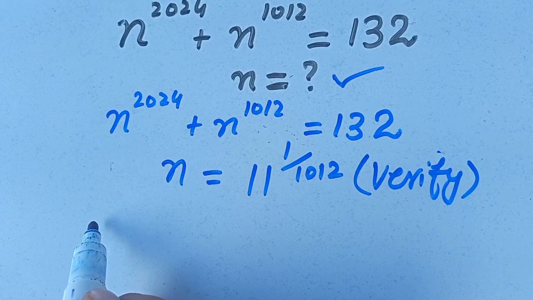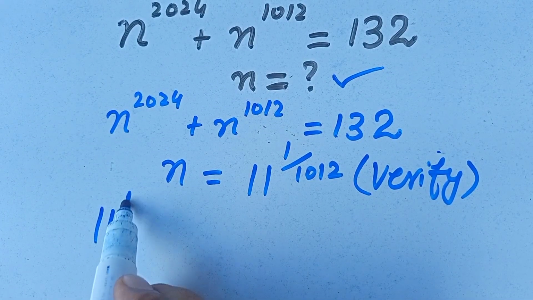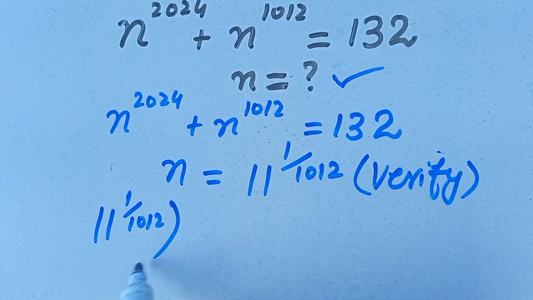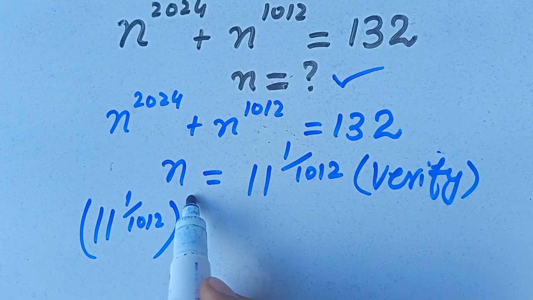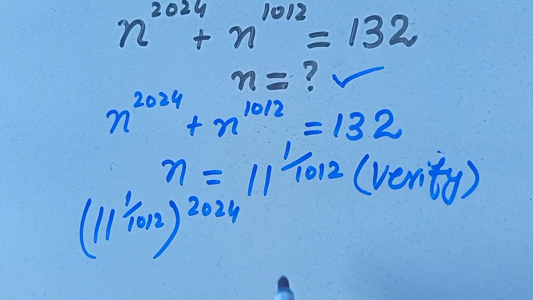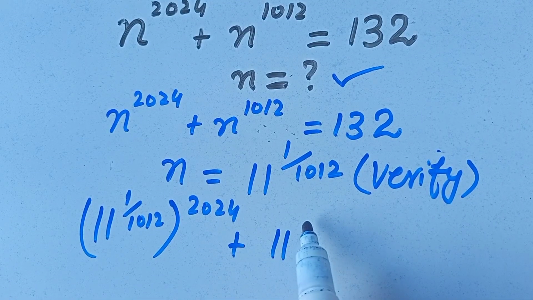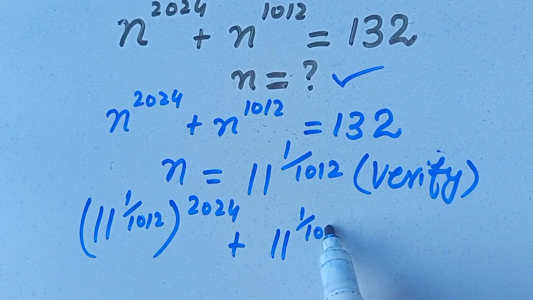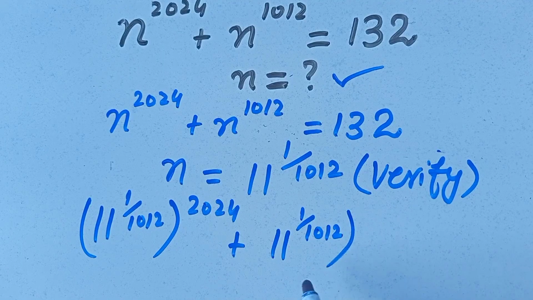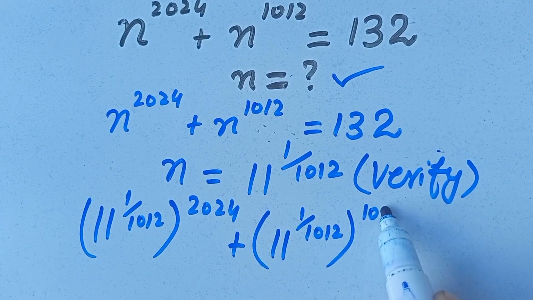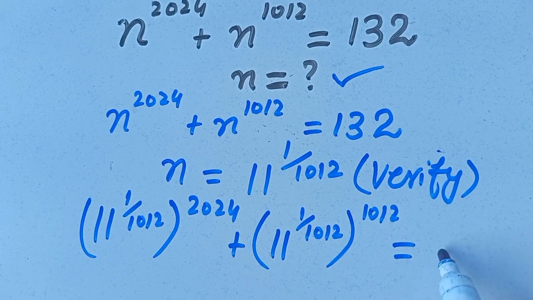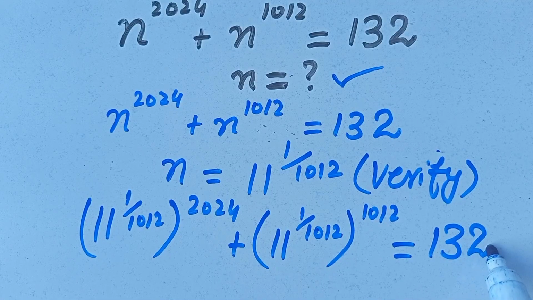Let's verify this answer. Putting this value of n back in the question: (11^(1/1012))^2024 plus 11^(1/1012) for n to the power 1012 which is already in the question, equals 132.